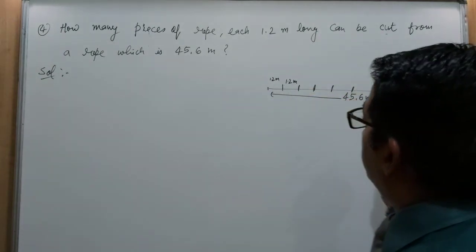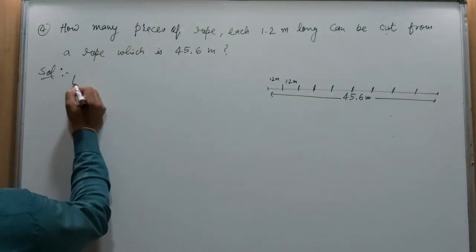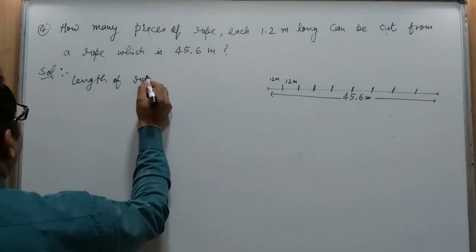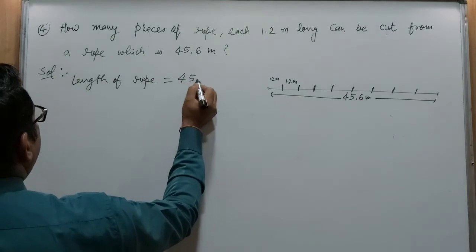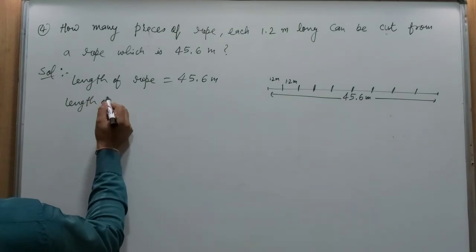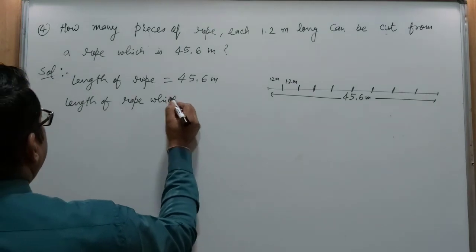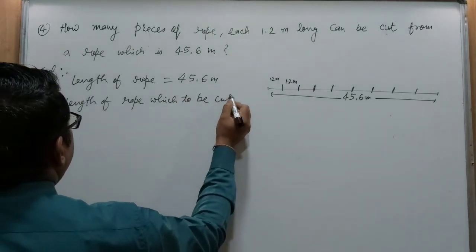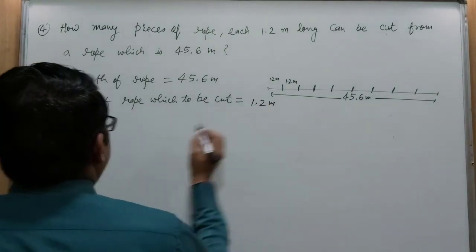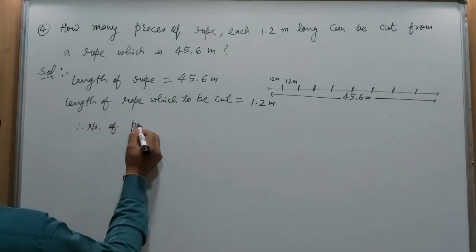So how many pieces can we cut? The length of rope is given as 45.6 meters. The length of rope to be cut is 1.2 meter. So what we have to find is the number of pieces.